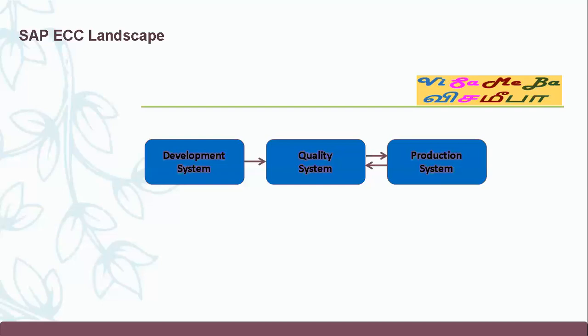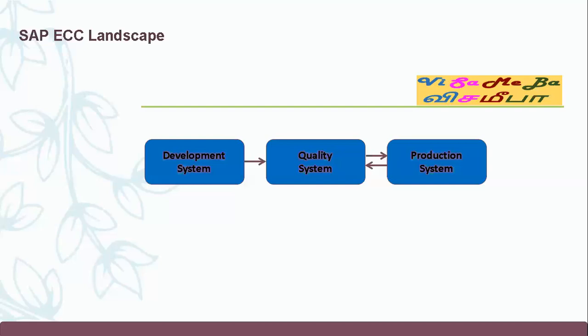So from the development system, the latest settings or the new customization move into the quality system. From the production system, the latest transaction data, which is captured there, is moved into the quality system so that you can test whether the configuration done in the development system and moved to the quality system behaves the way the business users want it to behave on the real-time data.